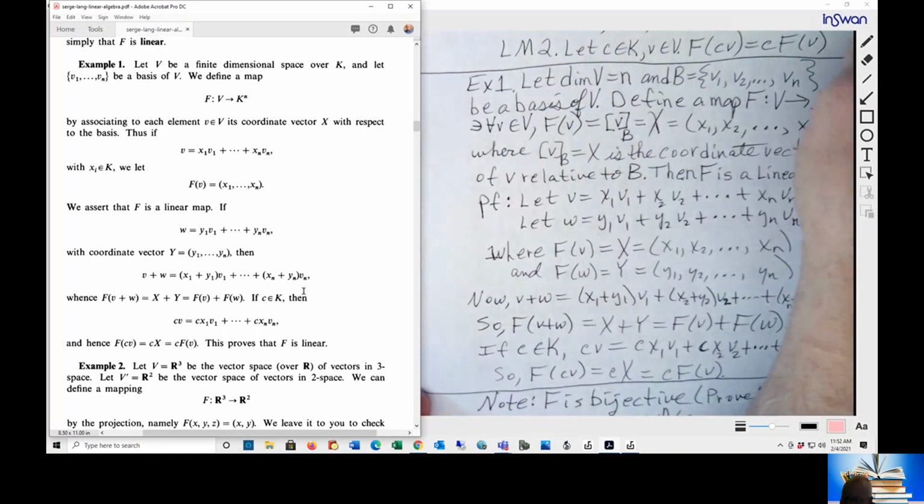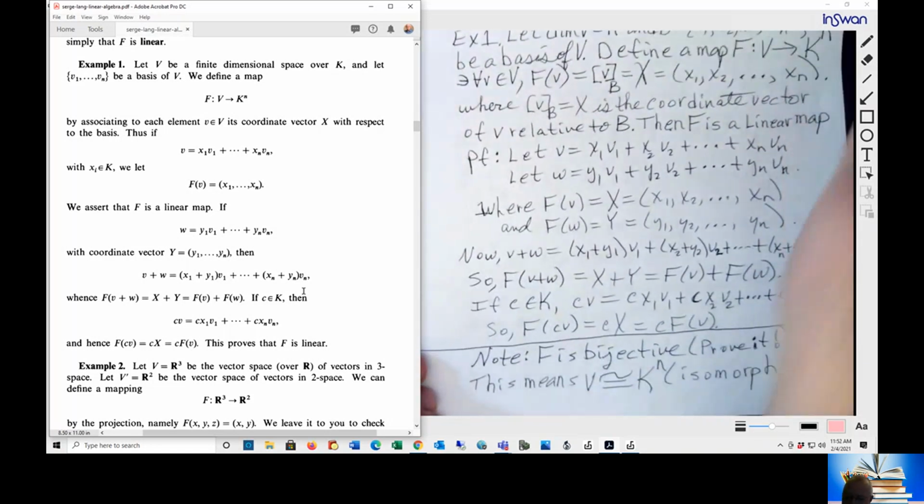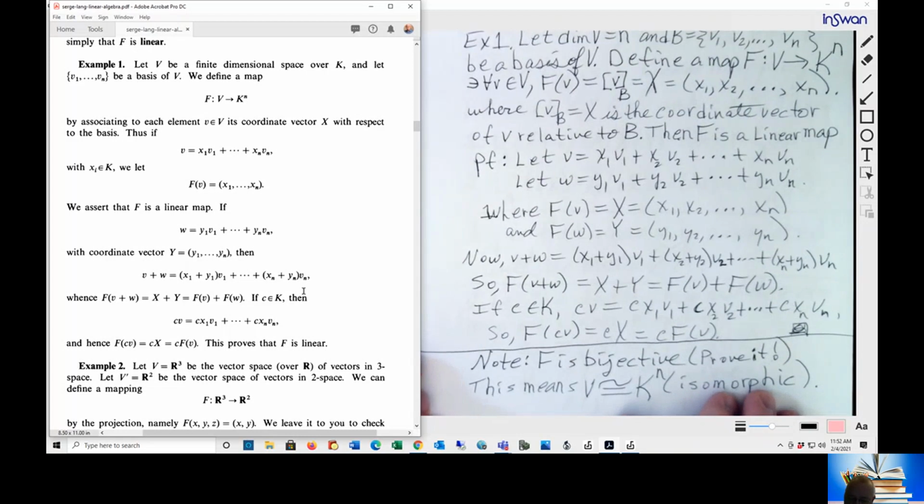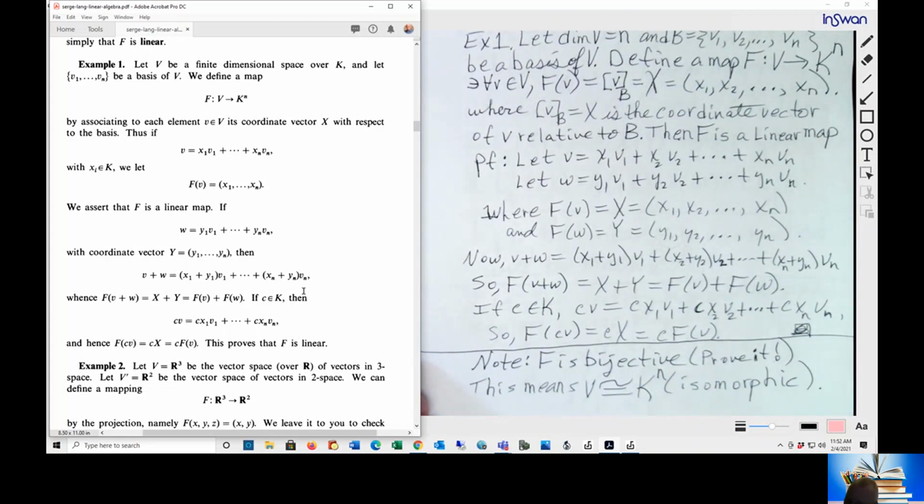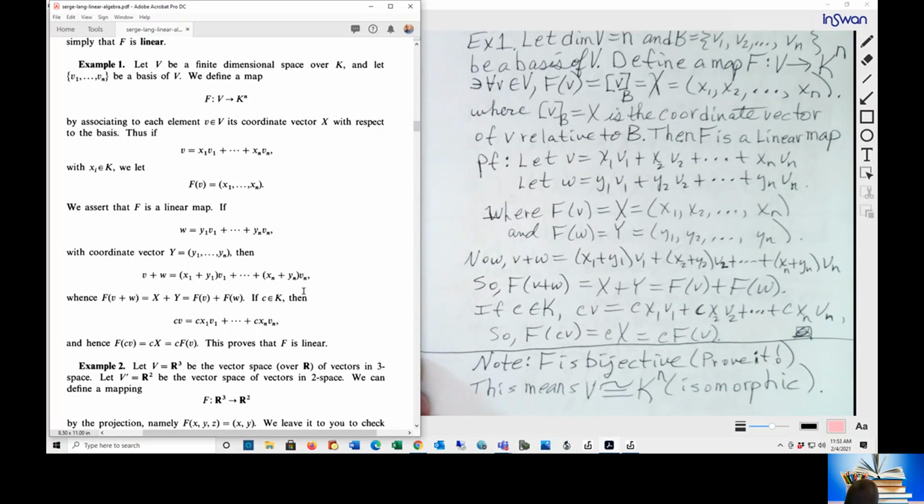Now, something else that you ought to prove for yourself is that this mapping F is bijective. It is injective and surjective. It's one-to-one and onto. And this defines what's known as an isomorphism, which means that the finite dimensional vector space V is equivalent or isomorphic to Kn.